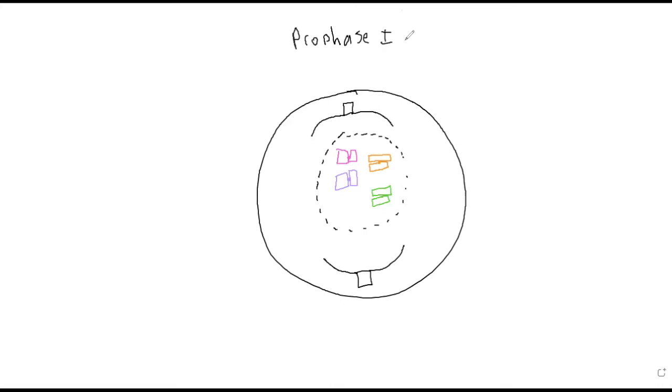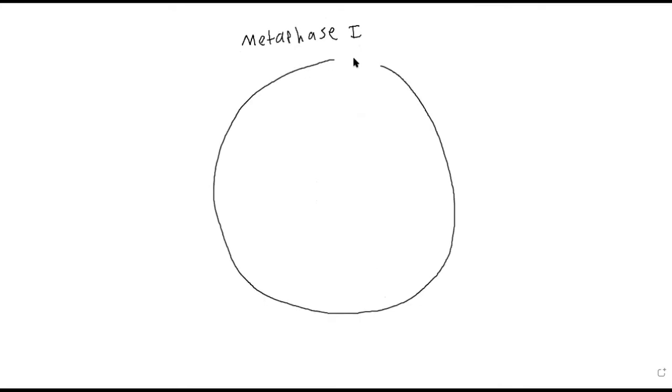This next stage, which is going to be metaphase 1, this is the stage where I need you to keep very close attention. Because what's going to happen during metaphase 1 is there's going to be a very important phase called crossing over. Now what's going to happen is that the pairs of homologous sister chromatids are going to form what's called a tetrad.